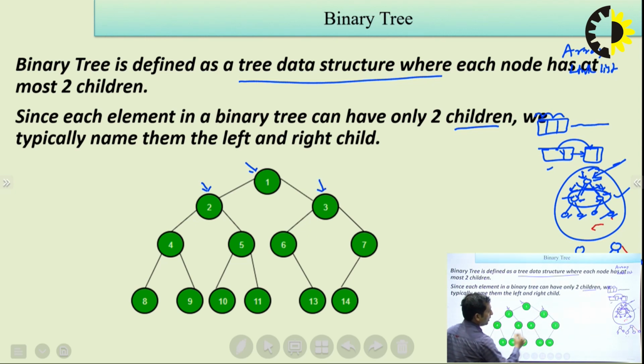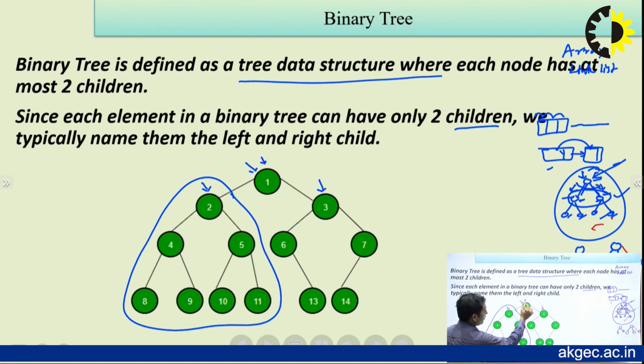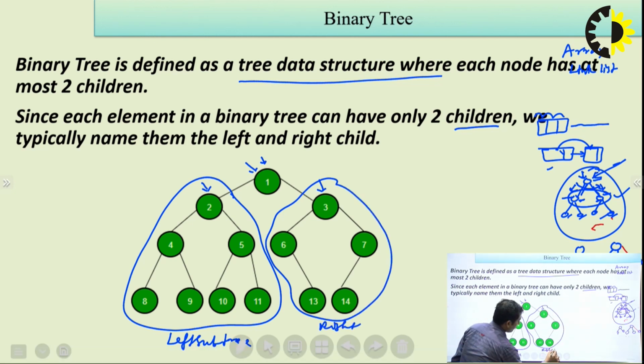Or we can say this tree has a root node and two subtrees: this is the left subtree and this is the right subtree.